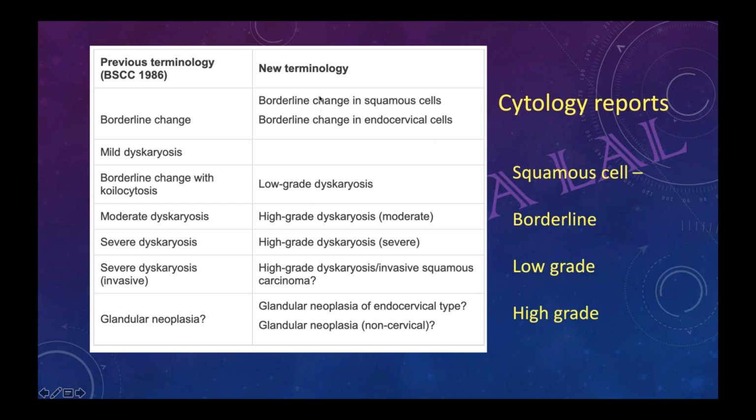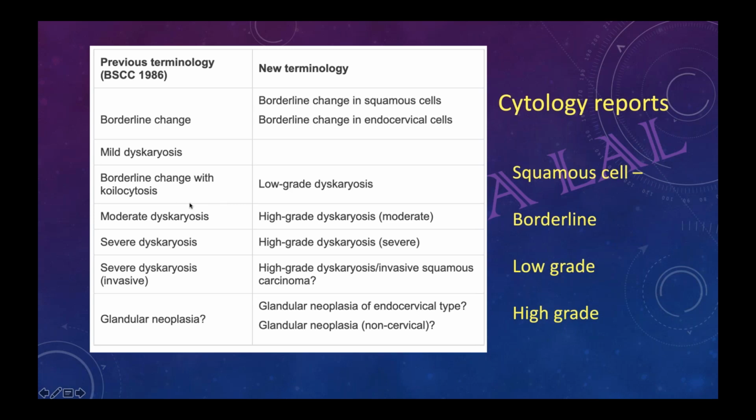Okay, so now there is borderline change in squamous cells, borderline change in endocervical cells, and the dyskaryosis they have now divided into two parts. It is low grade and high grade. High grade is again of two types, moderate and severe, but previously these grades were not written.